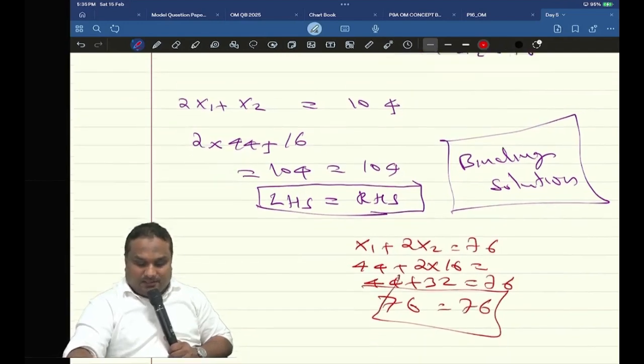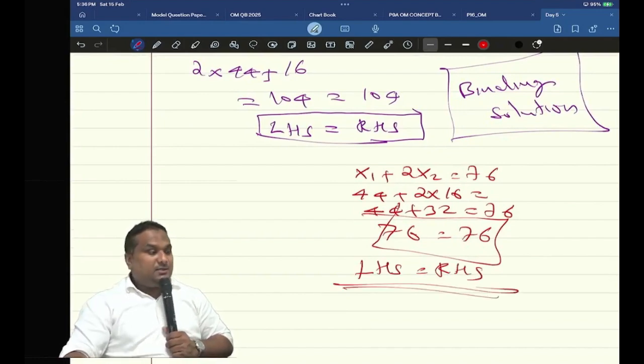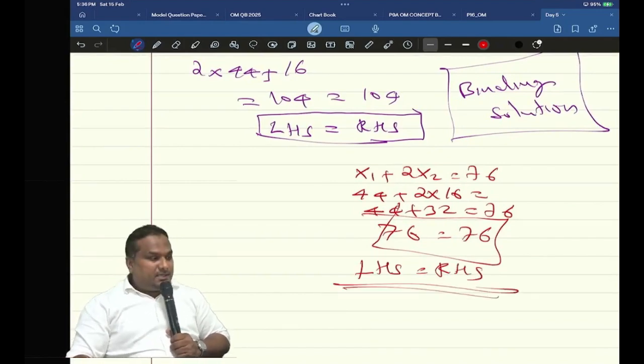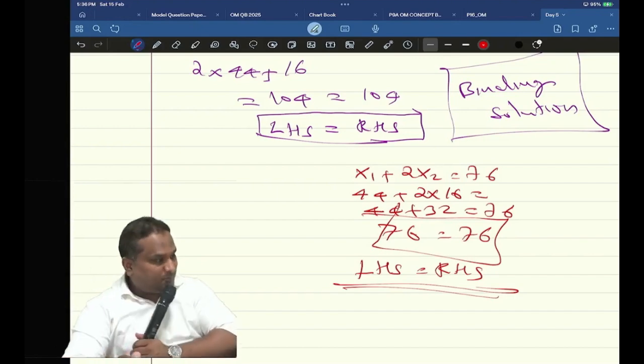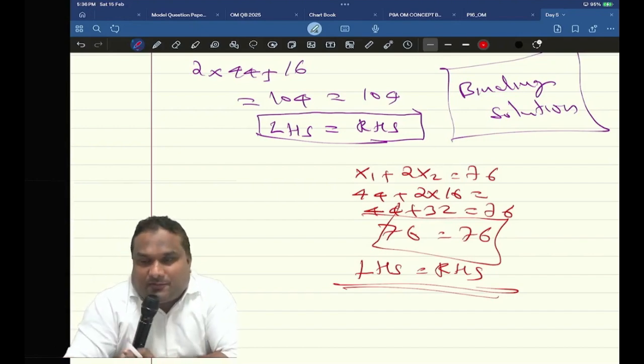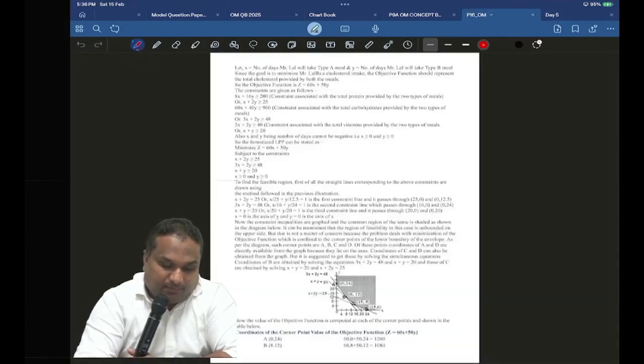That means here also the left hand side of the constraint equals the right hand side of the constraint. That means resources are fully utilized. That is the beauty of the linear programming problem.